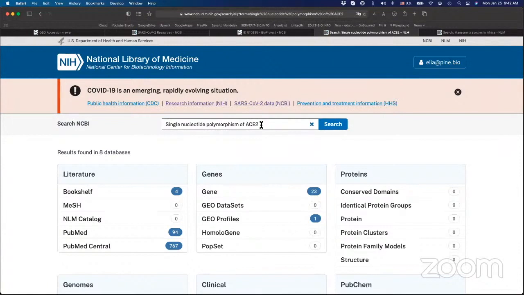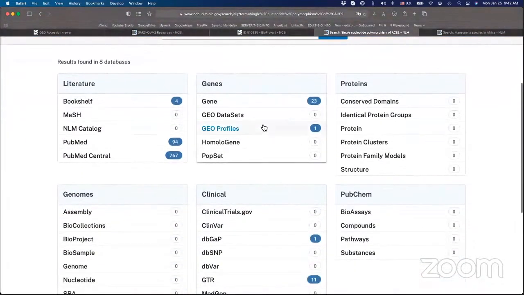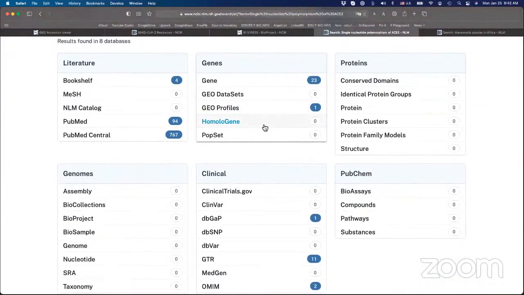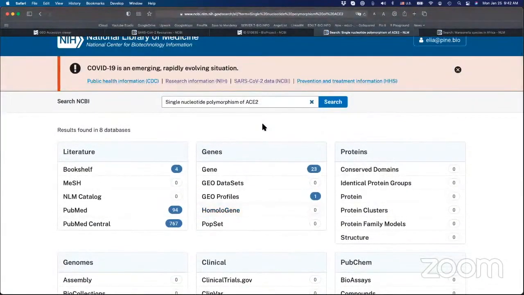We know that ACE2 is expressed in the lungs and other tissues, and maybe the question is whether there's a genetic component to people that have an acute reaction to SARS-CoV-2 or a milder reaction. Maybe some other types of information like ethnic background or other important information could be a factor here, right? Obviously we're going to find a lot of data here, but I think we need to structure the question better to find good responses.